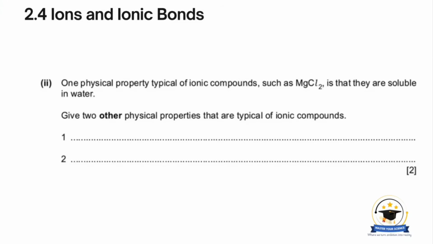The question says, one physical property typical of ionic compounds such as magnesium chloride is that they are soluble in water. Give 2 other physical properties that are typical of ionic compounds. So one property is that ionic compounds have high melting and boiling points.